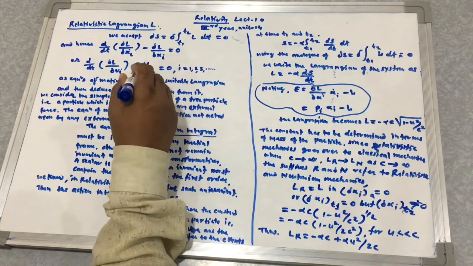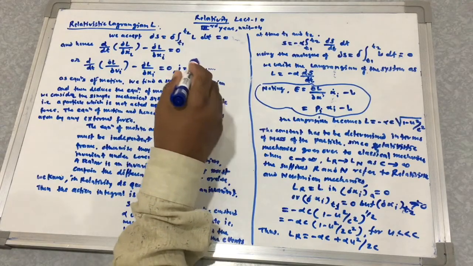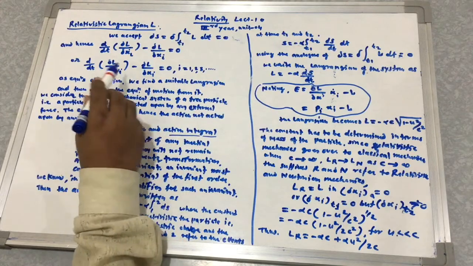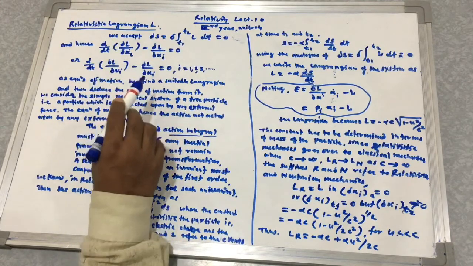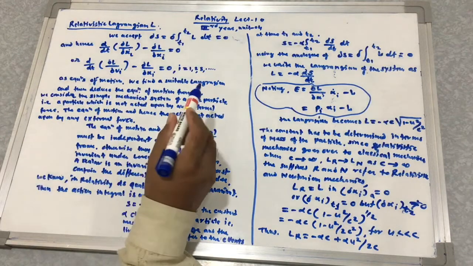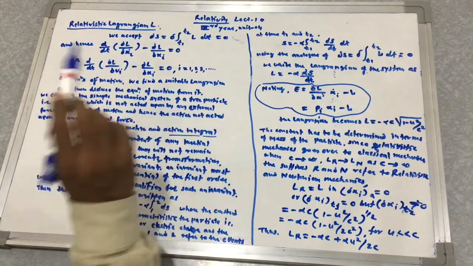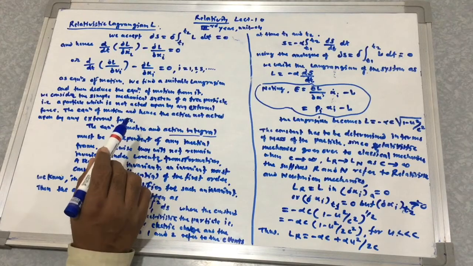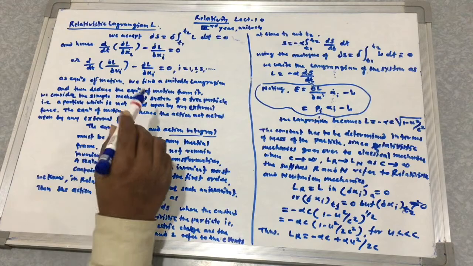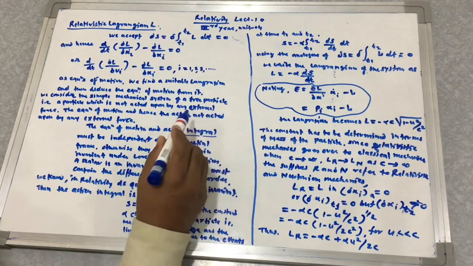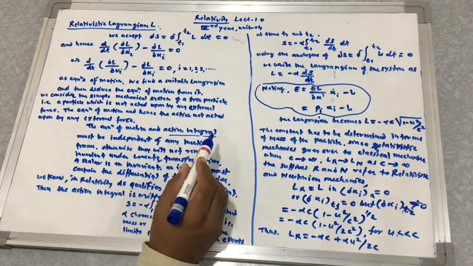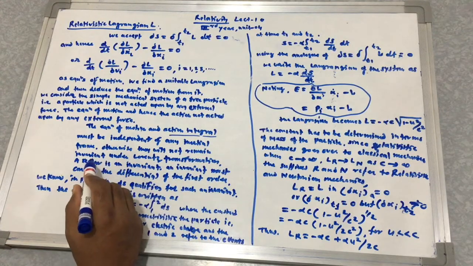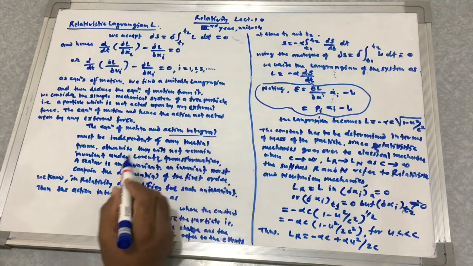The equation of motion and action integral must be independent of any inertial frame, otherwise they will not remain invariant under the Lorentz transformation.